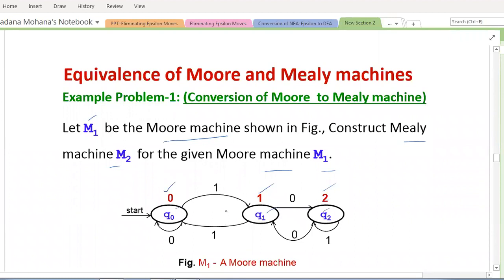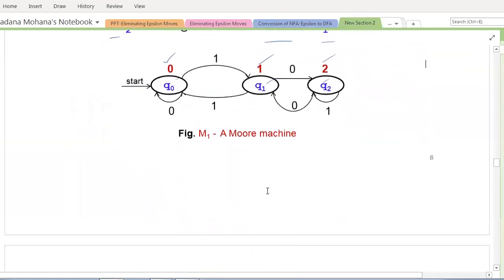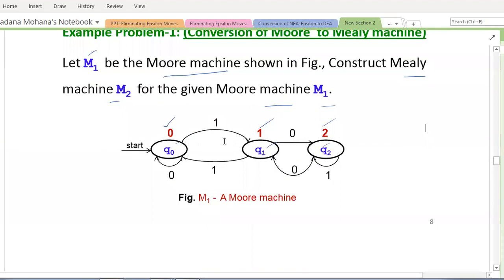Now the Mealy machine also looks the same, but outputs are not represented for each and every state. On transitions, input is followed by output. Like that we can represent outputs in a Mealy machine. But the states, the transitions, the initial state, all are the same. In place of common outputs, different outputs are added.